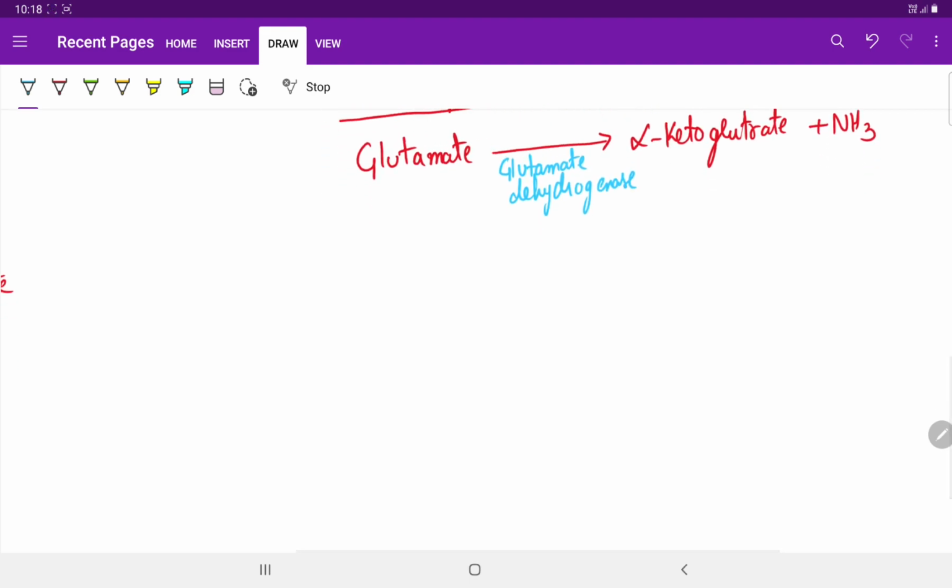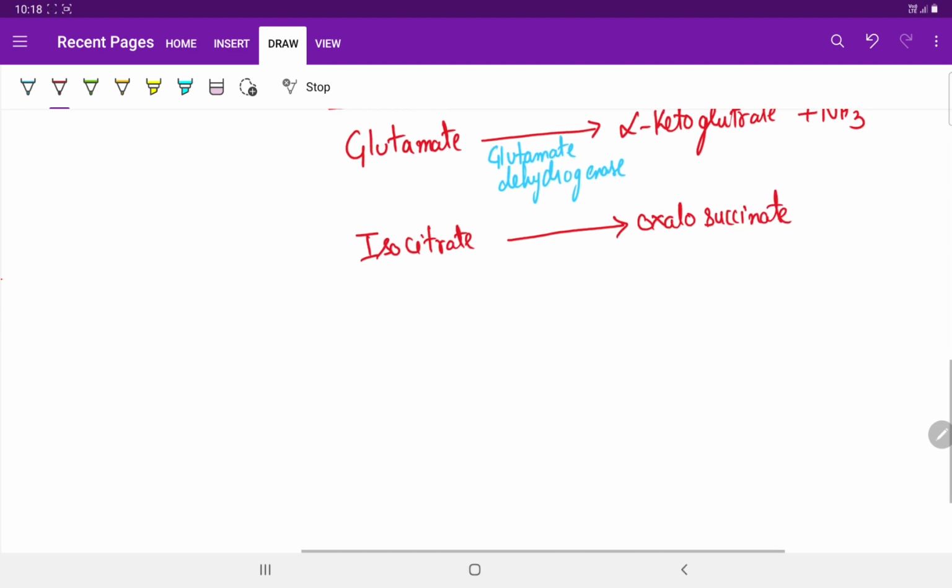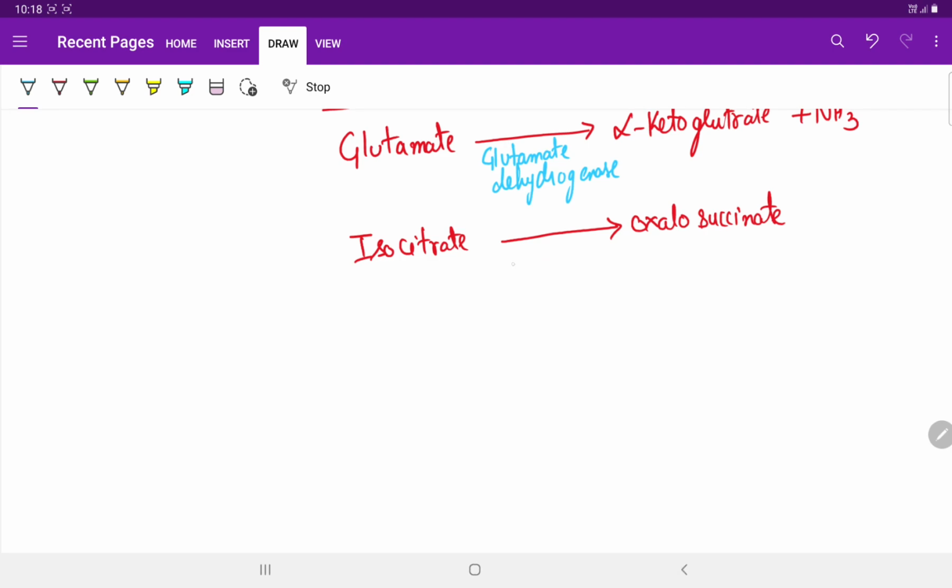And similarly another reaction of conversion of isocitrate into oxalosuccinate. So conversion of isocitrate directly into oxalosuccinate in presence of isocitrate dehydrogenase enzyme. So another dehydrogenase is occurring here.